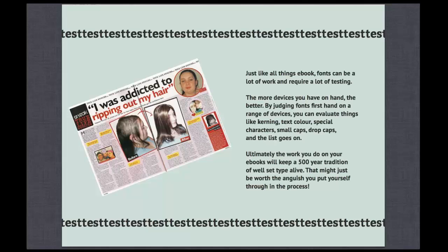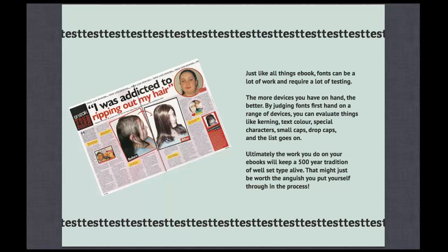I know I'm saying that I only have the iPad, but it's to your benefit to really test on as many devices as you can, and also to try sample EPUBs before you do the whole book.